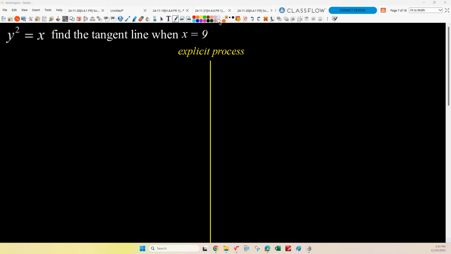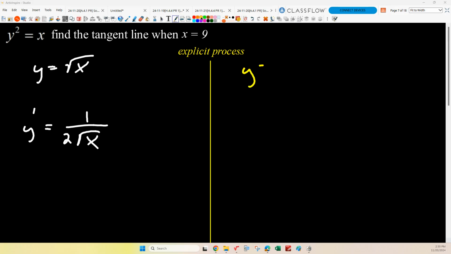Okay, we had two things, right? We had y equals square root of x, and we got the derivative y prime equals 1 over 2 times the square root of x. If we started with y equals negative the square root of x, we got the derivative y prime equals negative 1 over 2 times the square root of x.